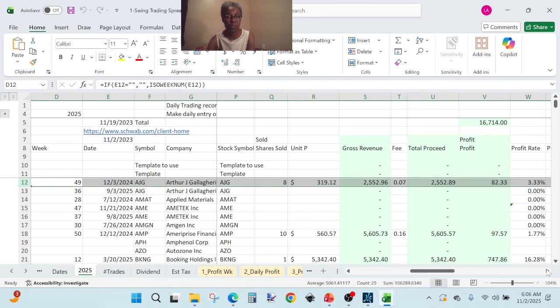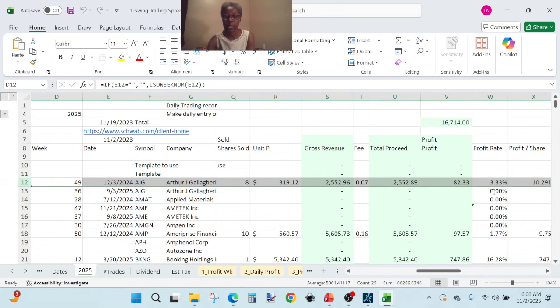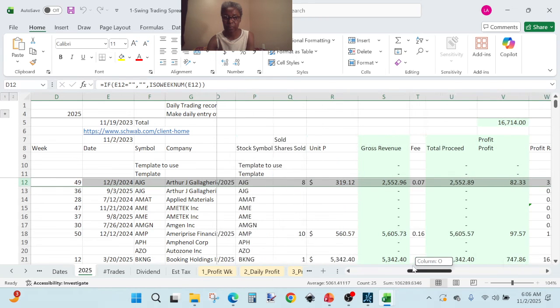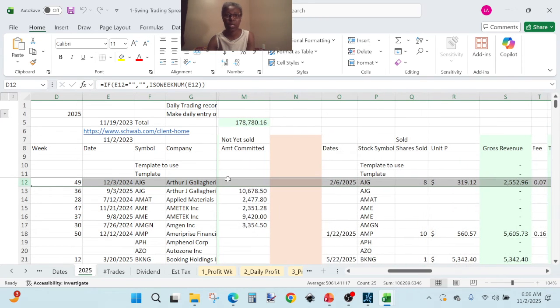A small profit, but a profit nonetheless. We didn't sell it at a loss to cut our losses, we just left it there. So we made a 3% return on that, or $10 profit per share. And for the second purchase right now, we are negative on that, so we are going to keep it there for now.